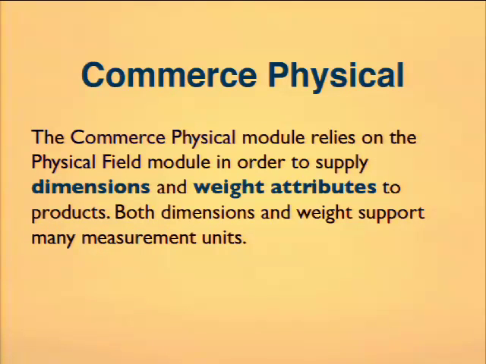So it's a great way to store dimensions and weight the proper way. This allows you to calculate shipping costs. I think the UPS module does that, so you can track your shipping costs with a physical thing.